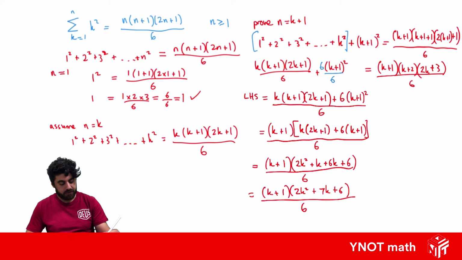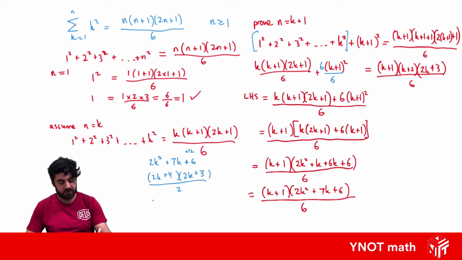So we'll just do that over here. Because we have 2k squared, non-monic, let's go ahead and write it down. So we've got 2k squared plus 7k plus 6. So we multiply the 2 and the 6 and get 12. So we'll write out 2k, all over 2. And we're looking for two numbers that multiply to positive 12 and add up to 7. So we're going to get positive 4 and positive 3.